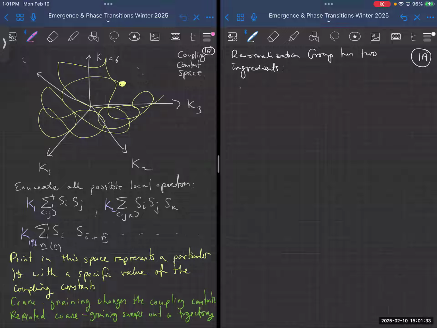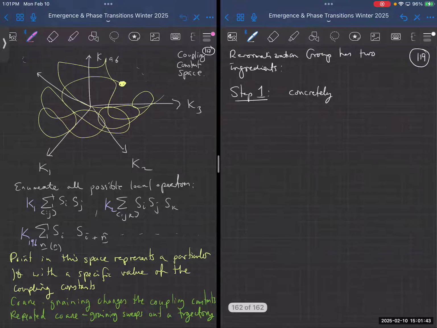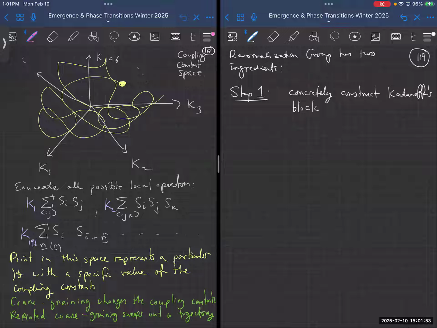The first one, in step one, is we have to concretely construct Kadanoff's block spin picture.